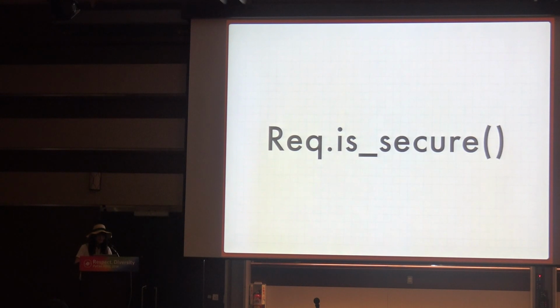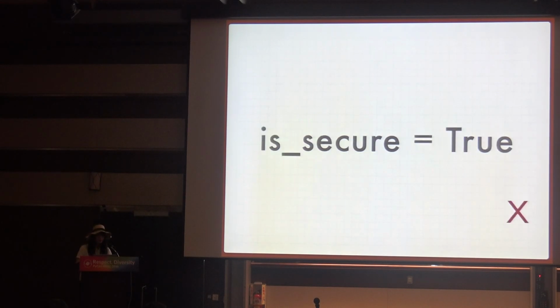Here's another example from Django. In Django, the request object has a method, is_secure. But some programmers like this style of using is secure to point to a Boolean. It will confuse the reader too, because when the reader reads is secure, they don't know if it's a function or a Boolean.